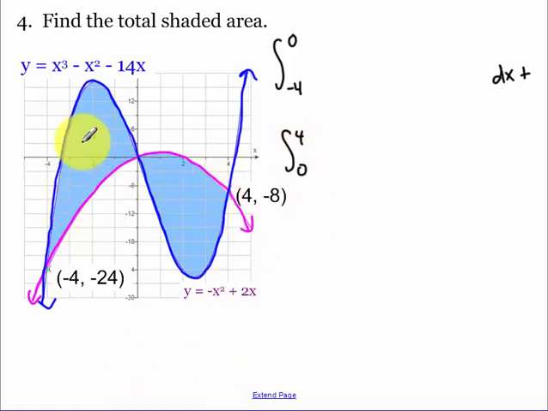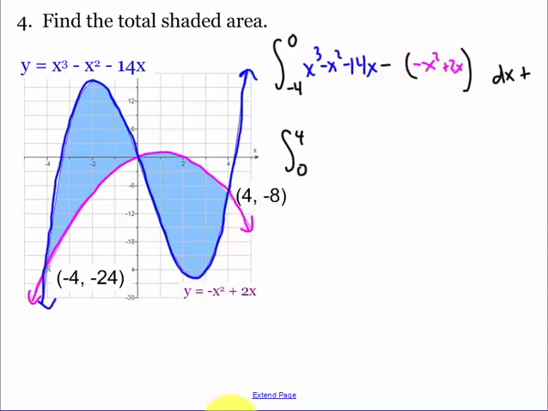Now again, remember, big Y. Our big Y from -4 to 0 is the blue function. And then I'm going to subtract from that the little y, which in this case is -x squared plus 2x. And notice how I put that in parentheses so I don't forget to distribute my negative.